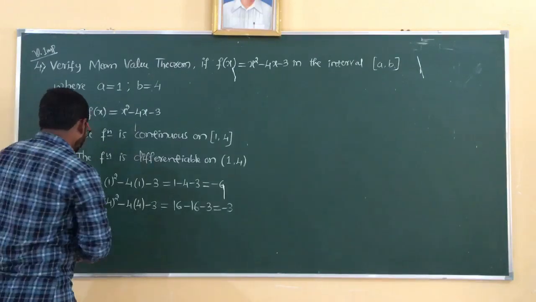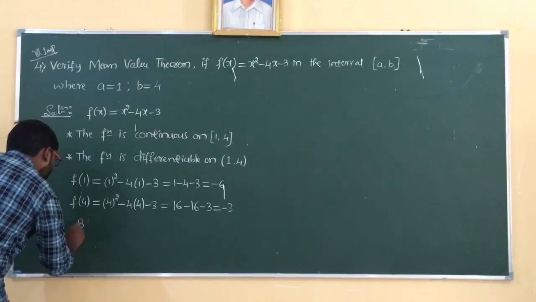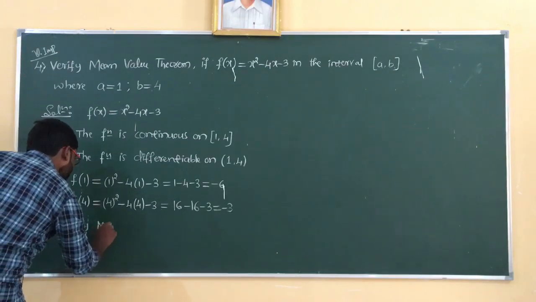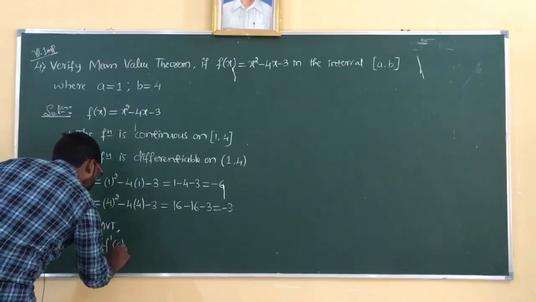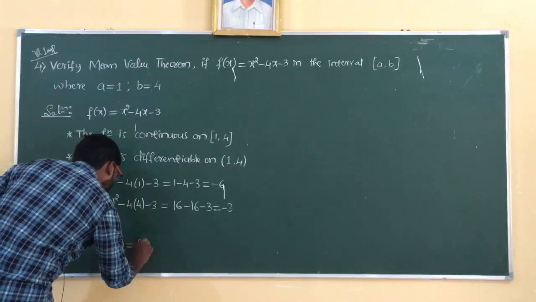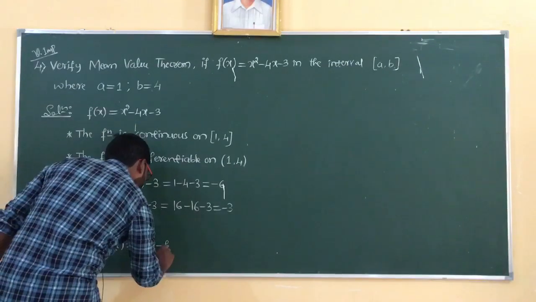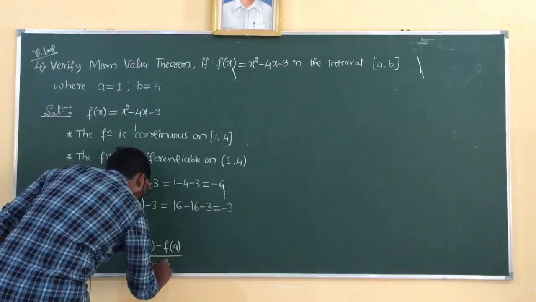Next we have to go for f dash of x, or else by mean value theorem, by MVT, f dash of c which is equal to f of b minus f of a divided by b minus a.